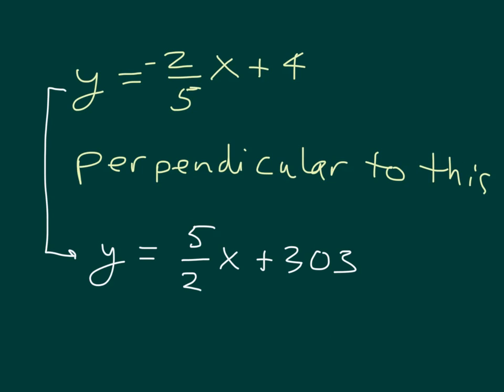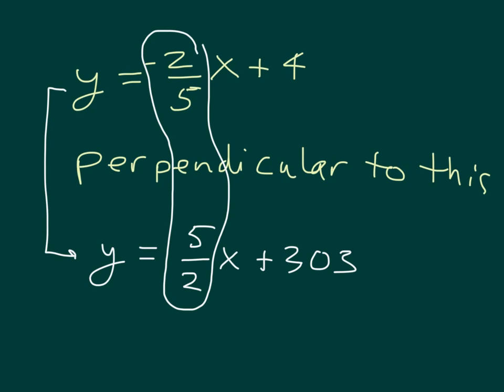And the last number could be basically anything. It's all about the slope to create perpendicular and looking for slopes that are negative reciprocals.